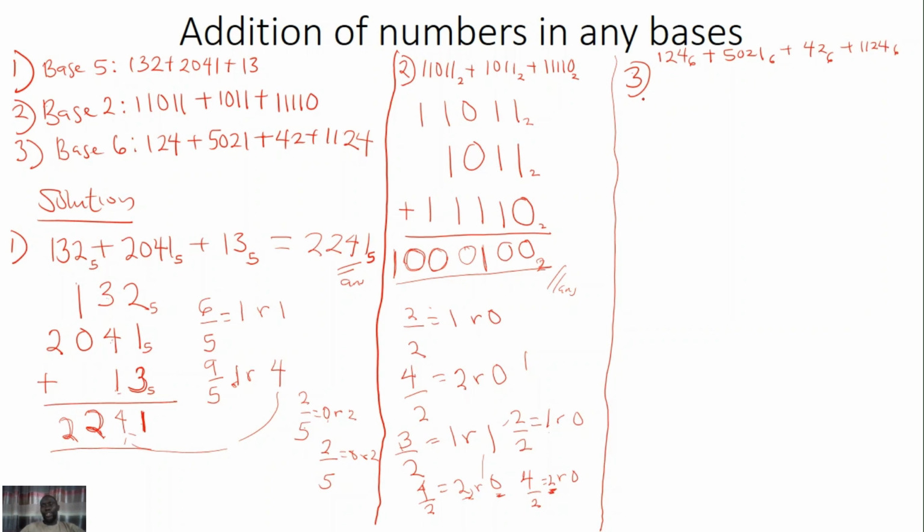Let's first of all arrange the numbers on top of one another. Okay, we start with 124. The next one is 5021. Don't forget that we align the numbers on the extreme right first before those on the extreme left.